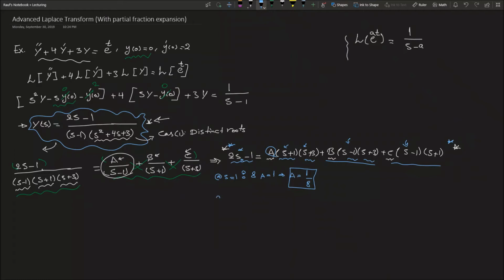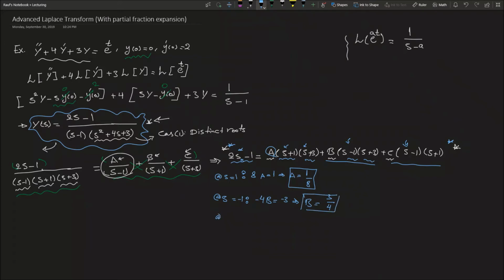In the same manner, we can say at s equals minus 1, what will happen? You will have minus 4b equals minus 3, and this will lead you to b. b will equal 3 over 4, and that's value number 2.